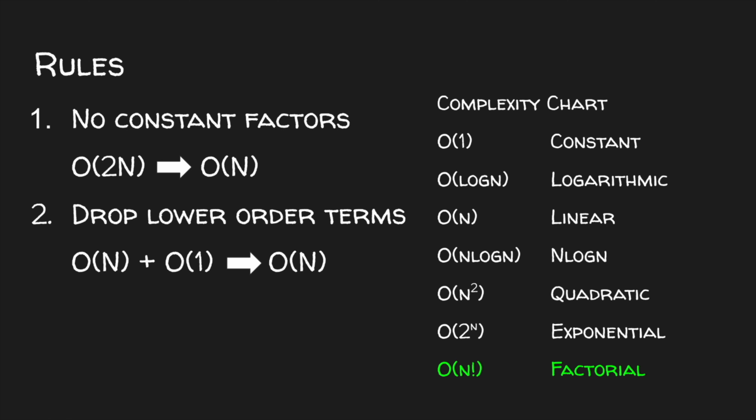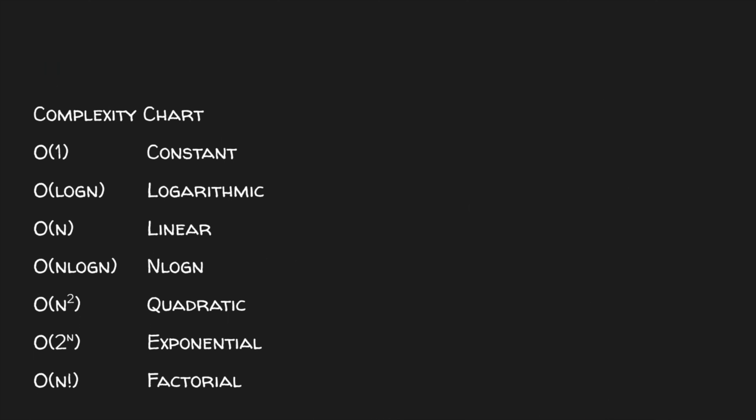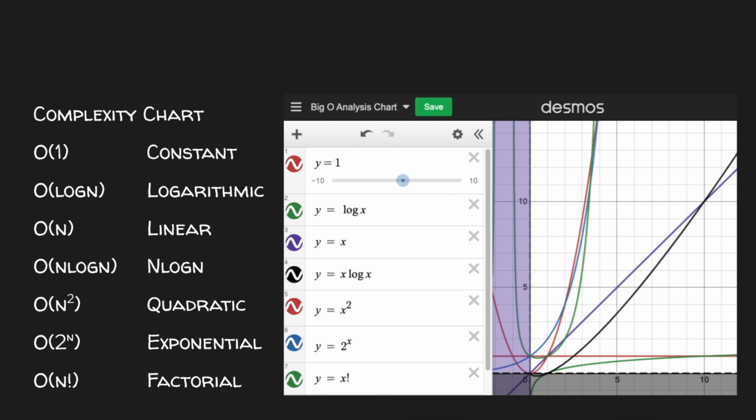Another way to think about this chart is to think about the shape of the graphs that each of these expressions represents. I've graphed all these expressions onto Desmos and linked this graph in the description below, in case you wanted to play around and look at these graphs for yourself.